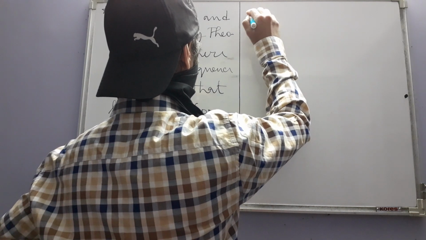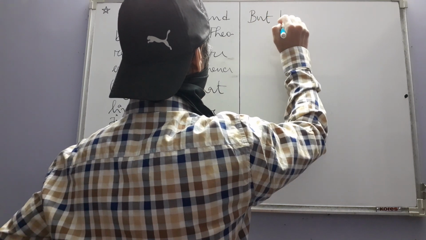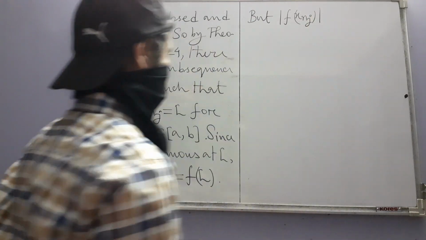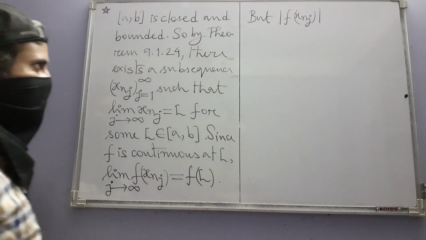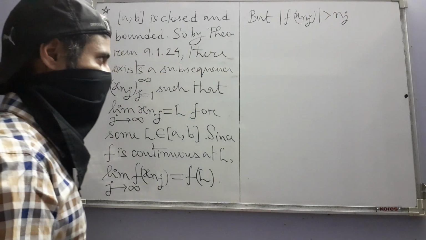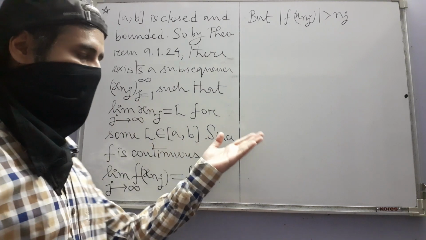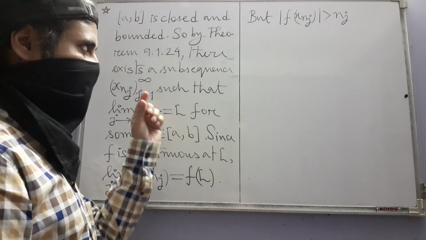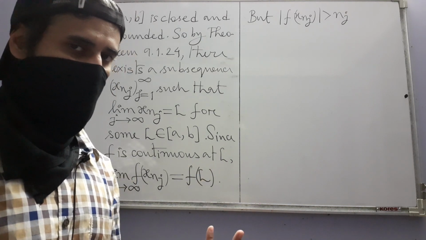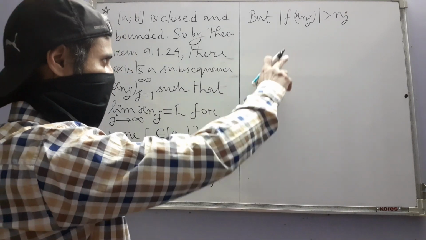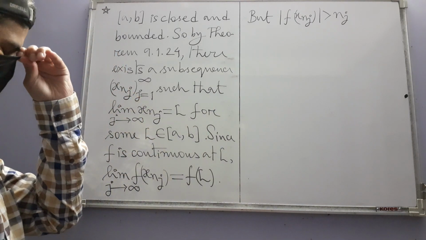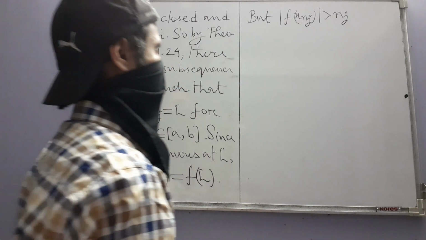But this is strictly greater than n, because that's what the terms of our sequence xn are. If the f value at xn is strictly greater than n, that is its property. So similarly, for these particular subscript values nj, also this should be true.